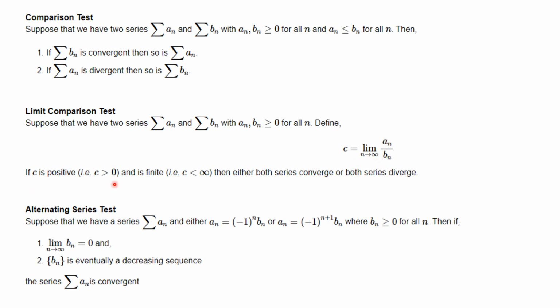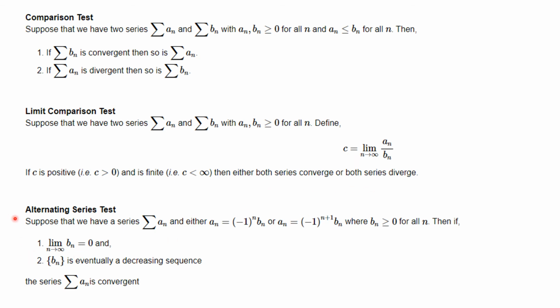If c is positive and finite, that is bigger than 0 and less than infinity, then either both series converge or both series diverge. That is, they converge or diverge together. So you pick a test series that you know about the convergence and apply this test. It could either converge or diverge because these will converge or diverge together.